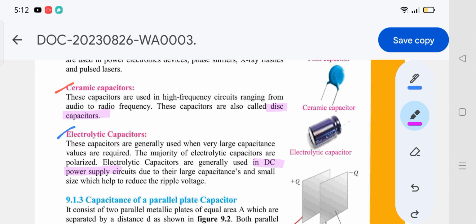And why are these used in DC power supply circuits? Since they have a very large capacitance value and a very small size, they help reduce the ripple voltage. The entire point is written here. Why are they commonly used in DC, direct current, power supply circuits?